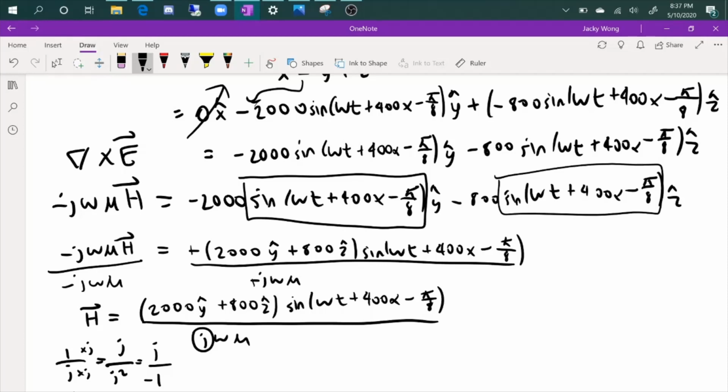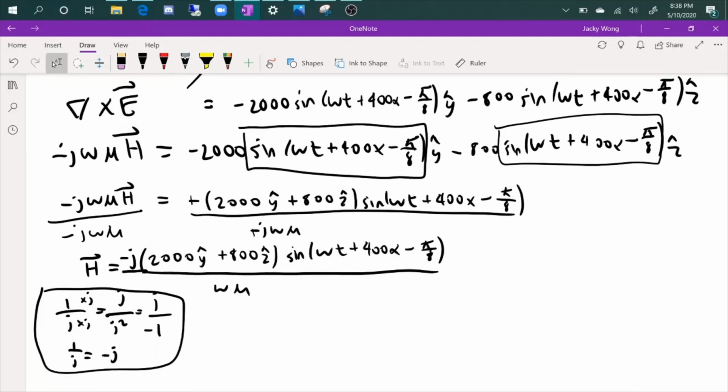So we can take this j and move it up there and put a negative in front of it. So let's do that. Take out the j, put it up there as negative j, because of this right there. Now, negative j represents a phase shift.